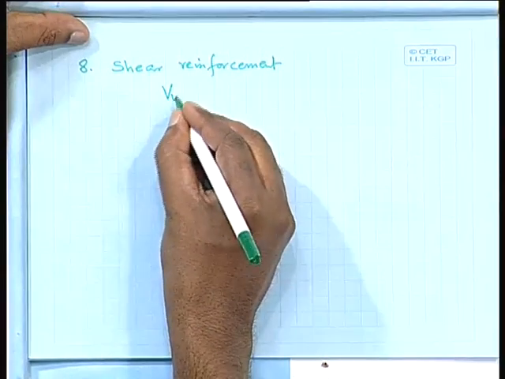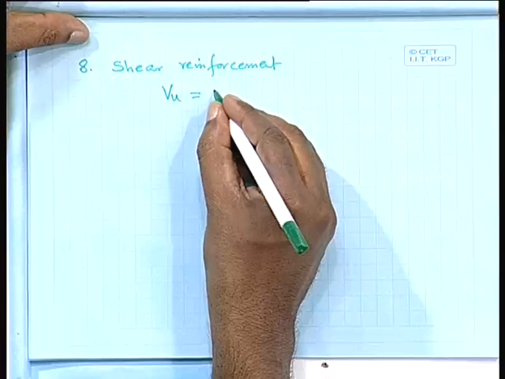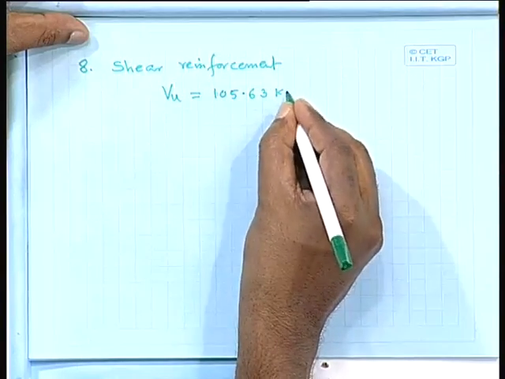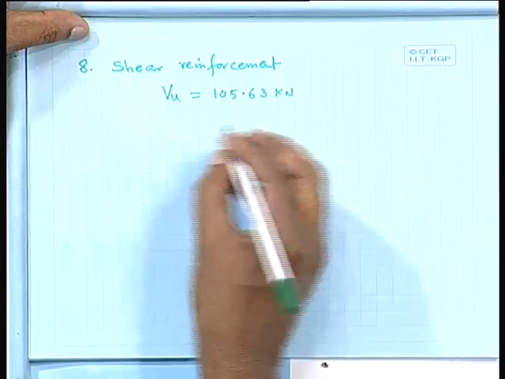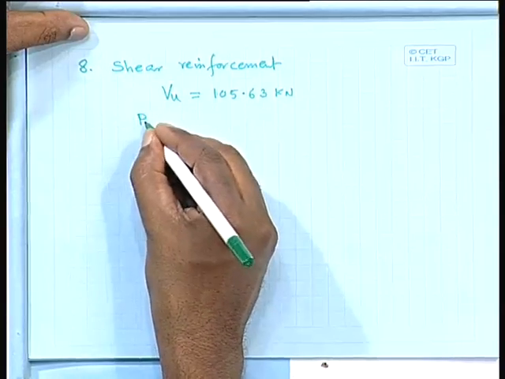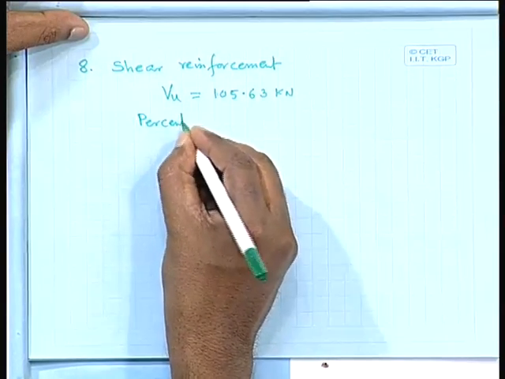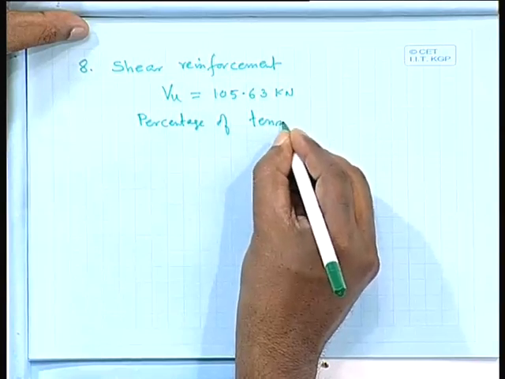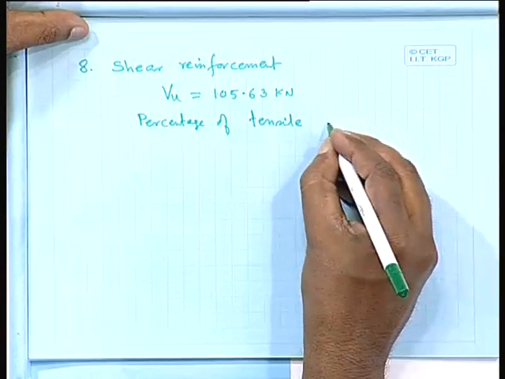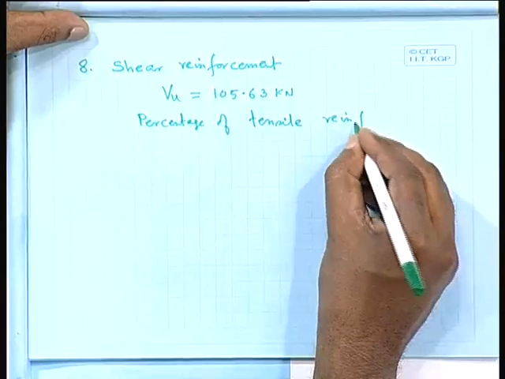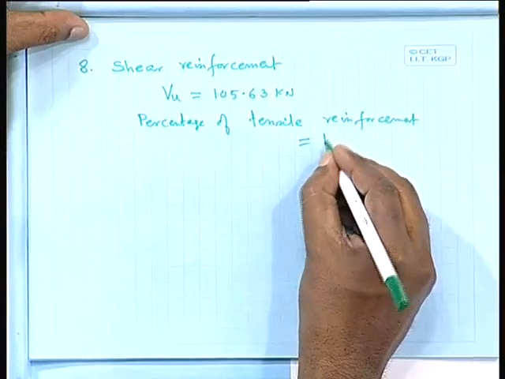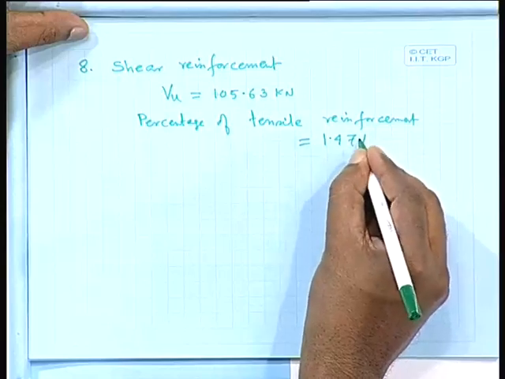How much is our Vu? That is 105.63 kilonewton. Percentage of tensile reinforcement, already we have computed 1.47%.